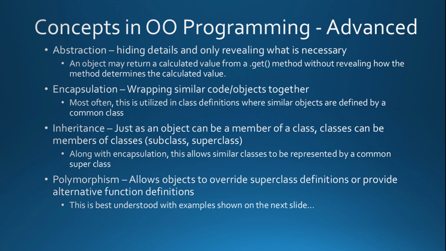The example there, an object may return a calculated value from a .get method without revealing how the method determines that calculated value. If I have an object that represents, for example, a loan, and I say get the value of the principal, well, that may actually be calculated from the original loan value, the interest that has accrued minus the payments that are there.